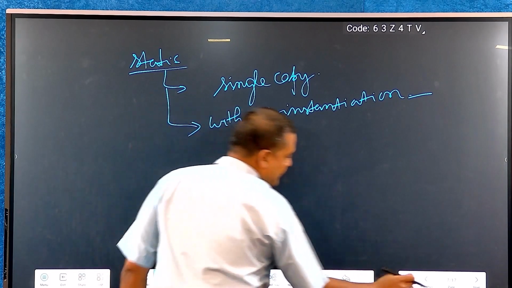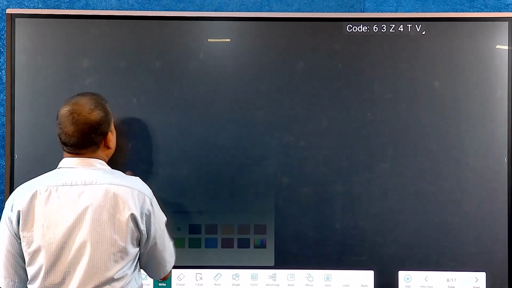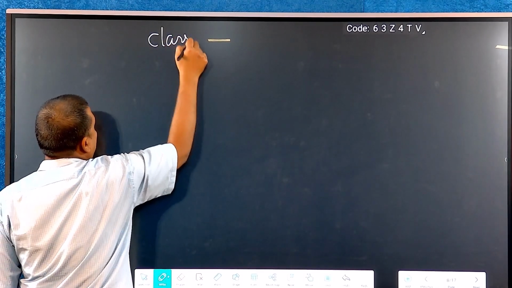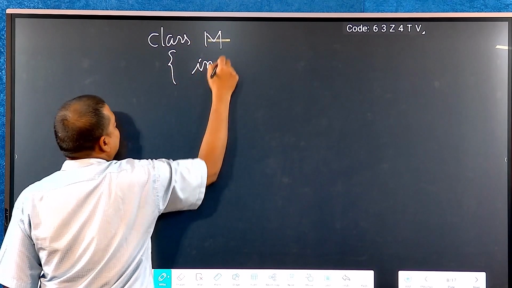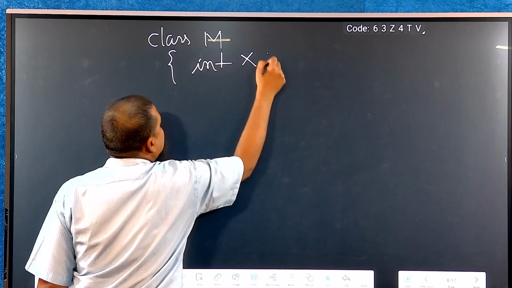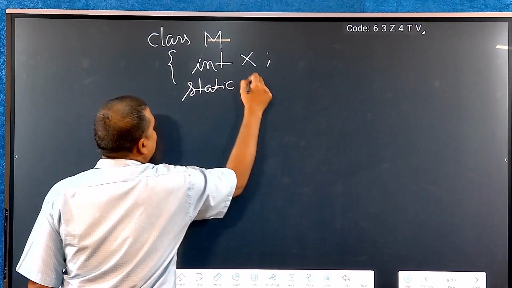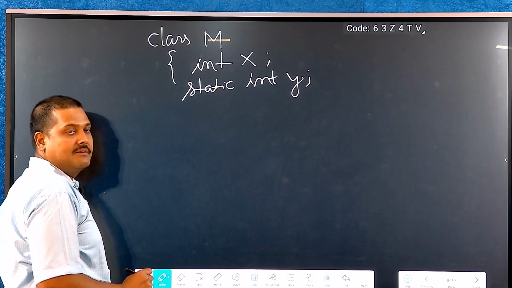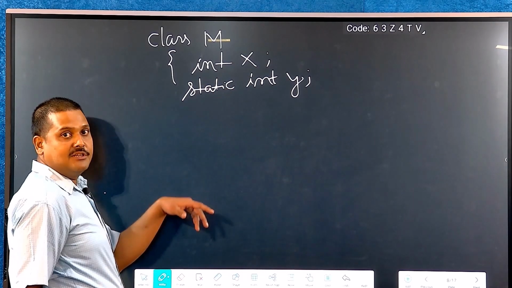Let us have an example. We have a particular class, class M. The variables are int x, and another variable declared as static int y. There are two different variables: one variable is static, another is non-static.